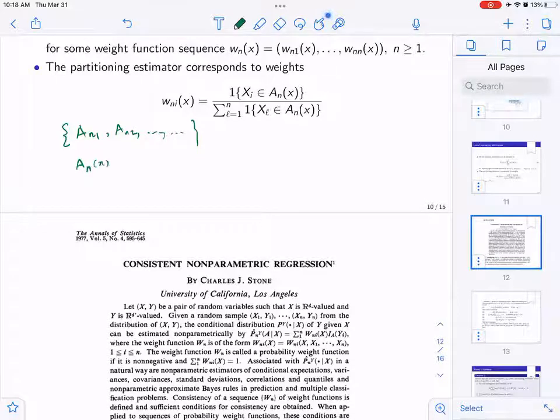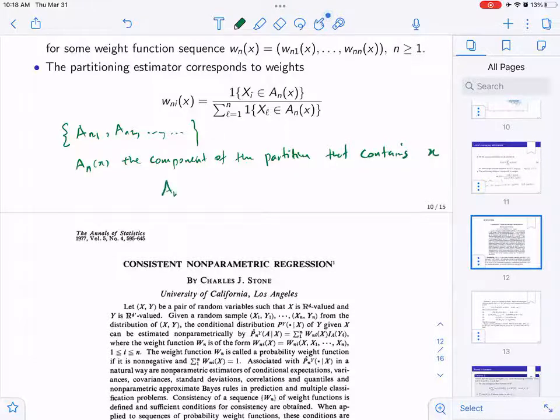This is the component of the partition that contains x.